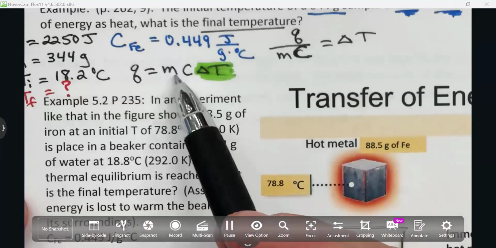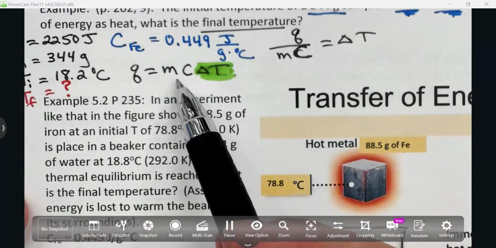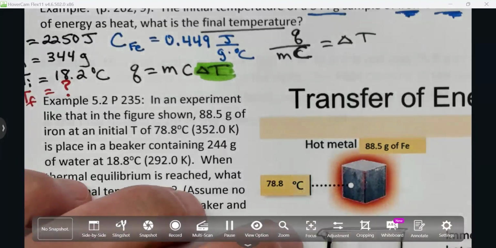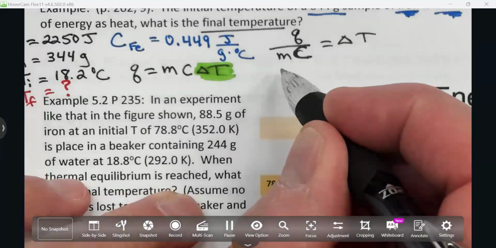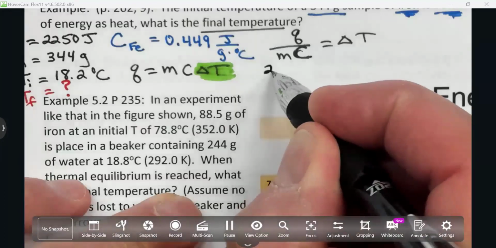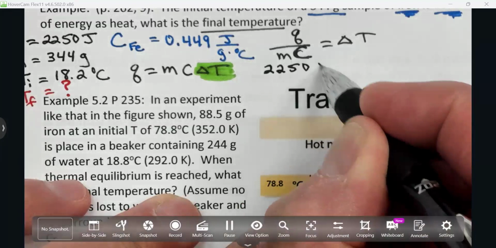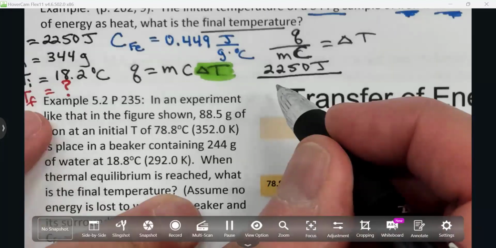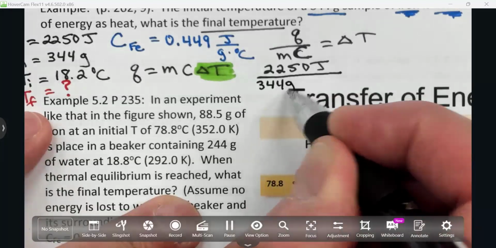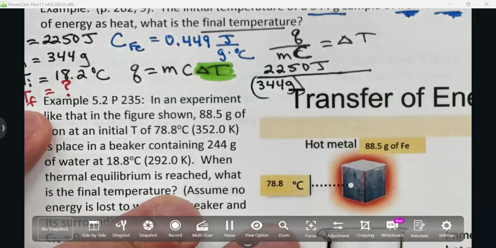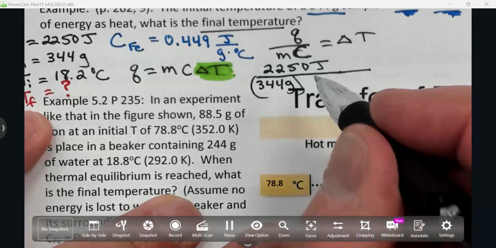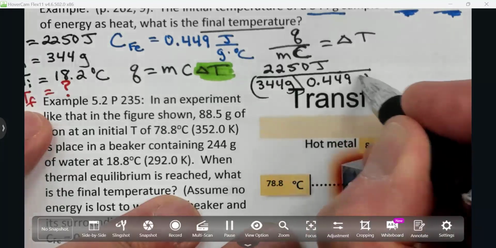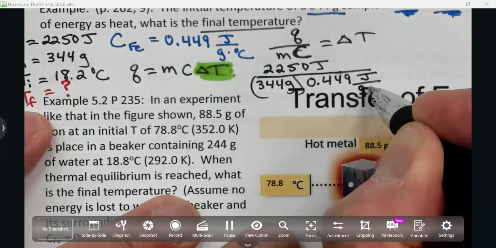I'm dividing both sides by mass and both sides by specific heat, right? So then I'm going to sneak it in right here. 2250 joules divided by 344 grams, and my specific heat is 0.449 joules per gram. Oh, I got a little bit ugly here.